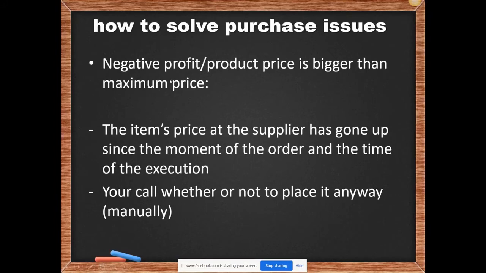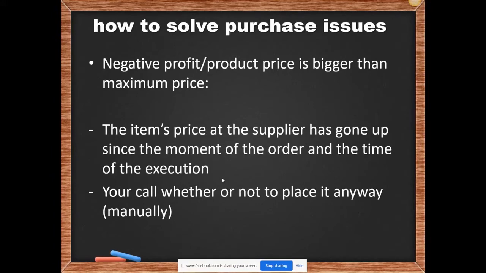So we're worried about negative profit, which could appear as product price is bigger than maximum price. This really means that the item's price at the supplier has gone up between the moment of the order and the time of the execution. You have to understand there's a line. If you have 50, 100, 200, 500 orders a day, not all the orders just get placed at once.